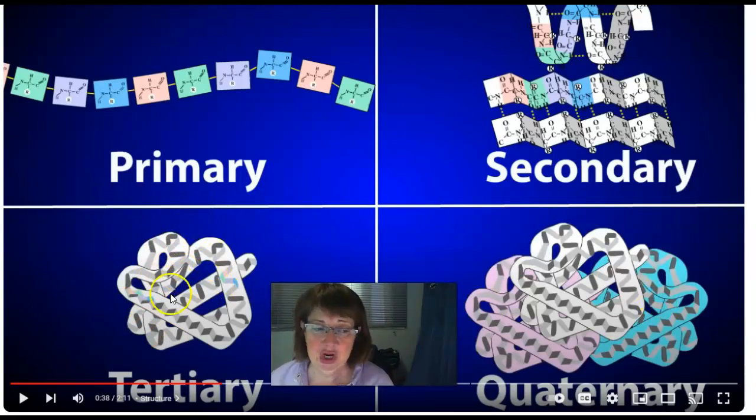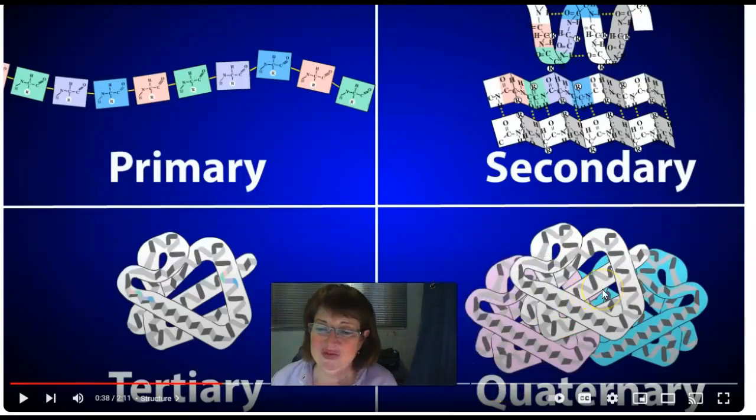Then you can put groups of these tertiary peptides together. So we have beads on a string as primary, beta pleated sheets and alpha helixes as secondary, tertiary is a globulin, and then if you put many globulins together, you get a quaternary structure.